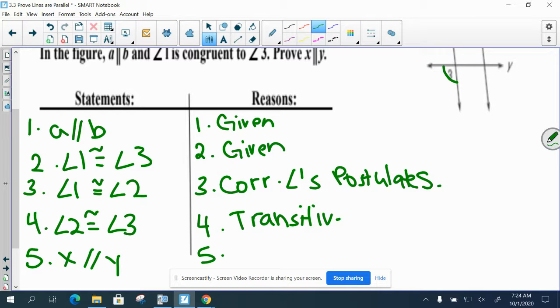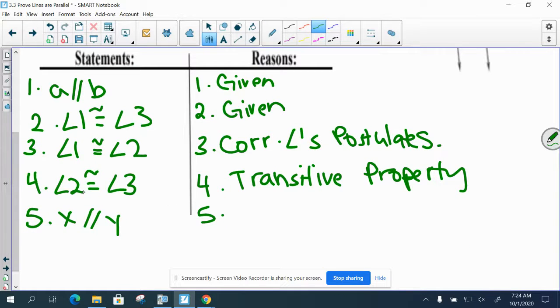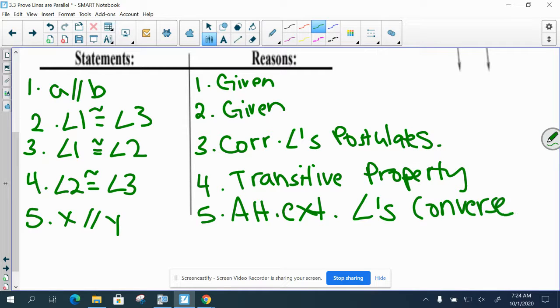Then if line X is parallel to line Y, those would be alternate exterior angles, and that'd be the converse. If the alternate exterior angles are congruent, then the lines are parallel. So alternate exterior angles converse theorem. Okay, so it's as simple as that.